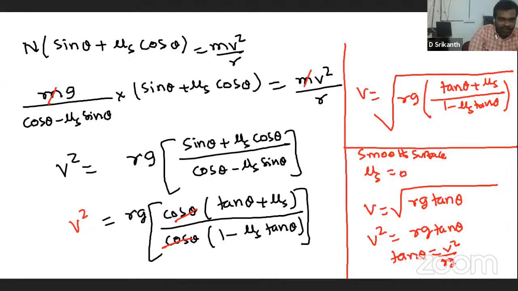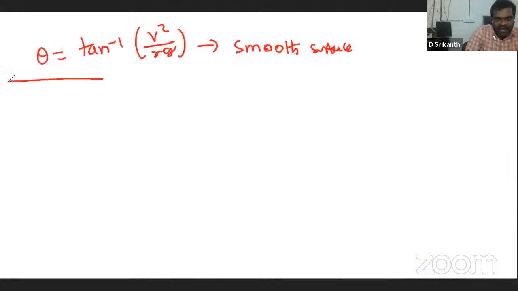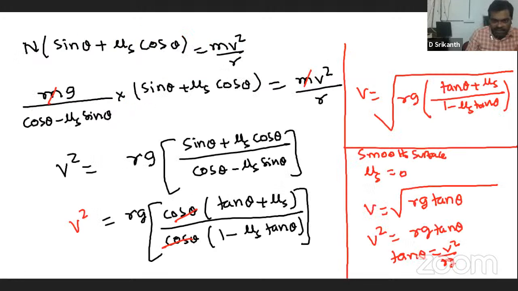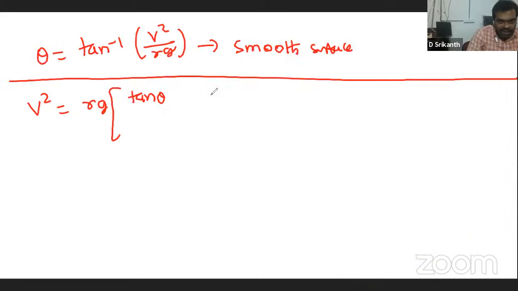That is, v square is equal to rg into (tan theta plus mu s) by (1 minus mu s tan theta).